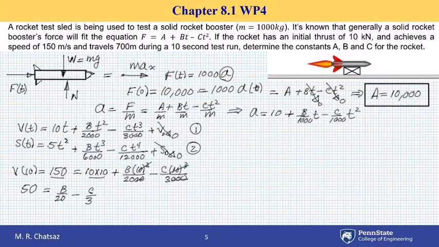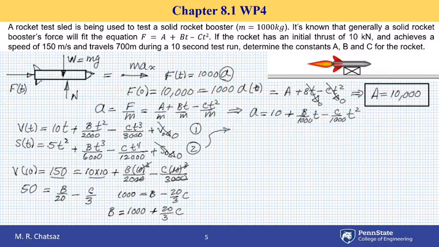If I multiply both sides by 20, I have 1000 equal to B minus 20/3 of C. Therefore, B turns out to be 1000 plus 20/3 of C.